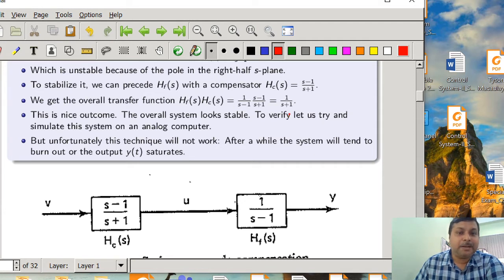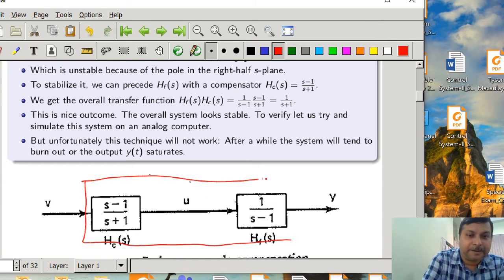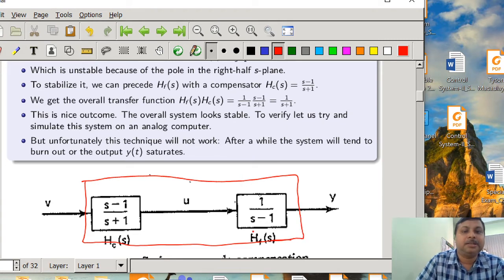So if it is 1 by (s plus 1), definitely the overall system will be stable. Why? Because if we consider the overall system, it now consists of two things, that is the controller and the system.